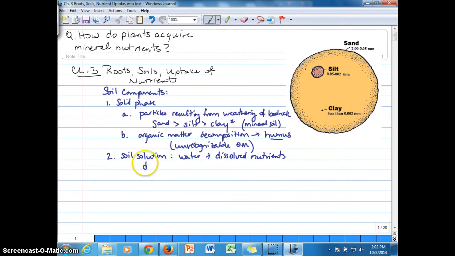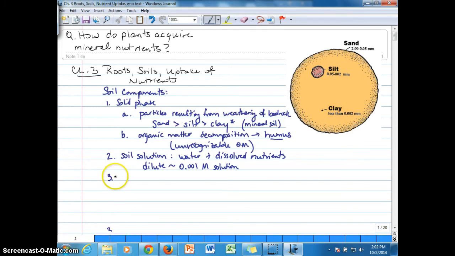The soil solution is a rather dilute solution, on the order of something like, just as a target here, of 1 molar concentration of whatever we're talking about, or the sum of all solutes.